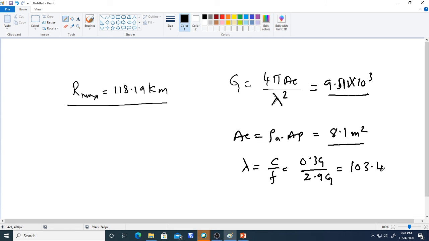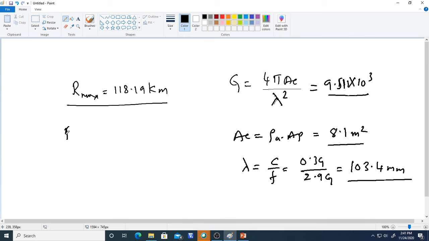Okay, anyhow lambda is not required in the equation, so the gain is required. For the gain equation it is required.